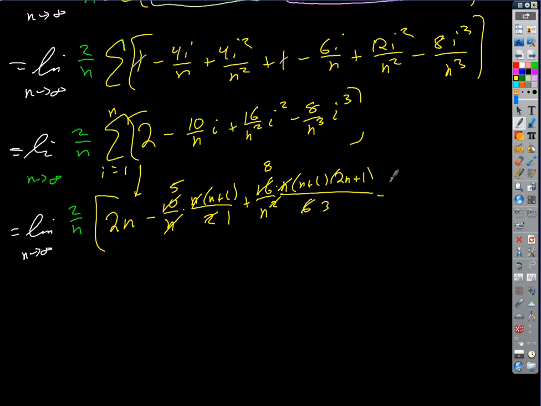And then finally, minus 8 over n cubed, sum of i cubed, remember that one? n squared times quantity n plus 1 squared over 4. Good, so we can cancel an n squared. We get that, right? Okay, so now we just gotta expand everything out.